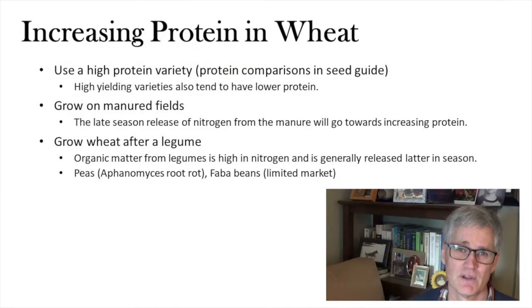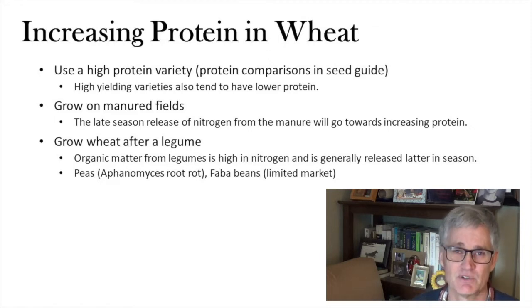We can also think of other ways to increase protein. We're not totally helpless to environmental effects, but they may not be that strong. For example, we could use a higher protein variety. However, a higher protein variety does tend to have lower yields. We could grow wheat on manured fields. That works well, but manured fields aren't everywhere.